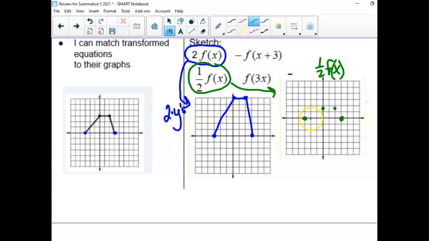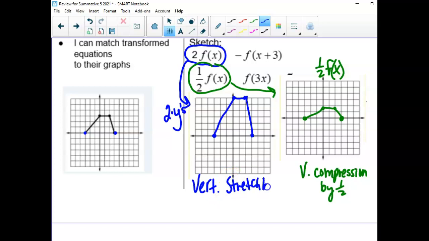But the x values aren't changing, so it's 0, 1.5, and 2, 1.5. So that is a vertical compression or shrink by 1/2. And this one was a vertical stretch, just so you're practicing that vocabulary. Any questions?